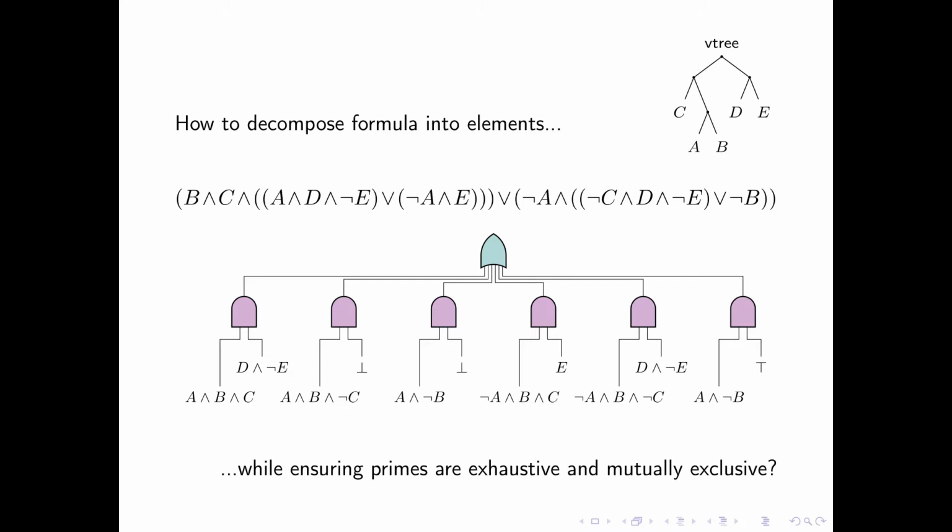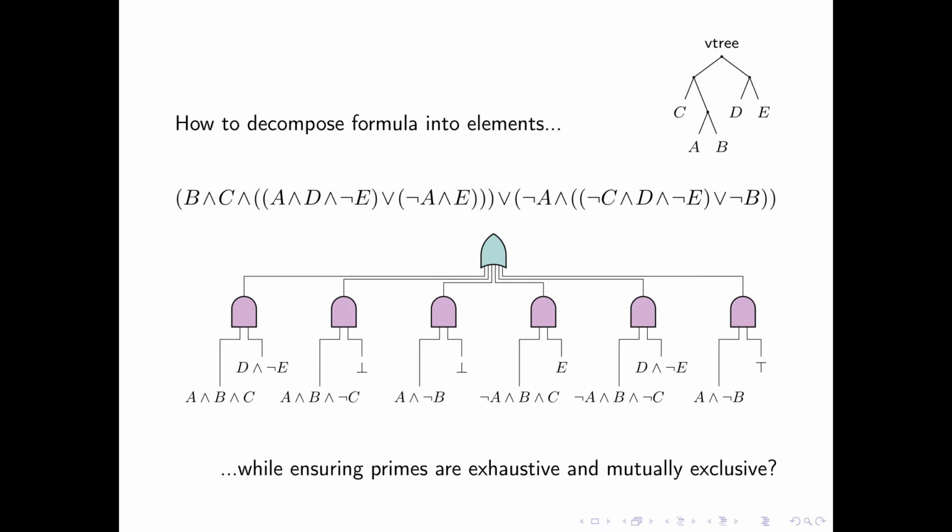You can also notice that since the circuit has to obey the V tree, then we know that the primes must have the variables that are mentioned in their circuit, the same variables that are mentioned in the V tree on the left-hand side. So, for instance, here we have variables C, A, and B, and these C, A, and B should appear at least as a subset of them in their primes.